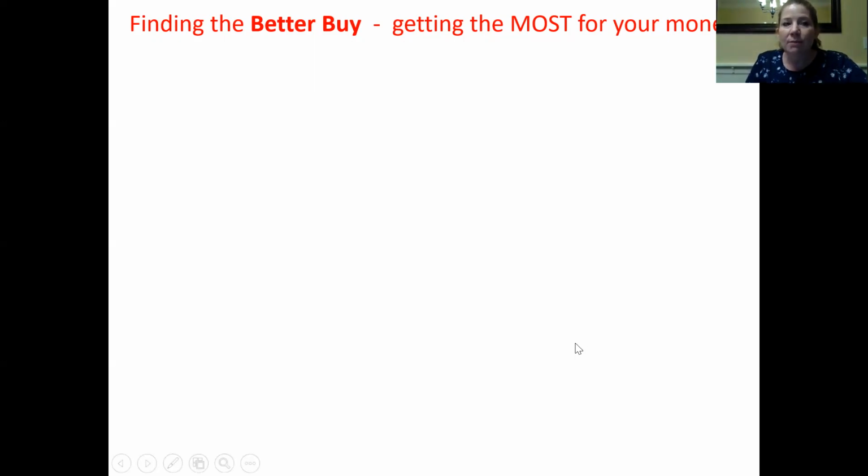So you're not going to be paying the same price per ounce of cereal in all of those boxes. The smaller box is always going to be the less amount of money. However, it's not always the better buy. The better buy means you want to get as much food or whatever it is you're buying for your money.